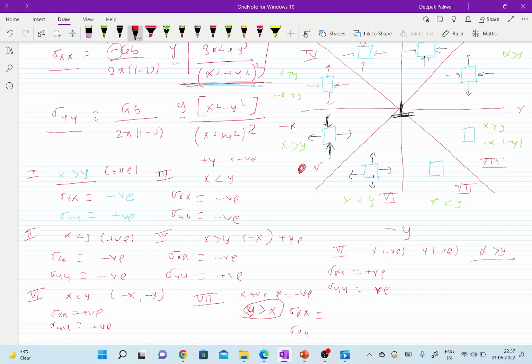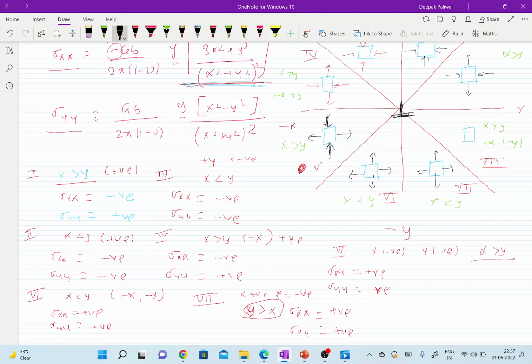So sigma xx is positive, sigma yy is already negative, and y is greater than x, so this term is negative, this is negative, so this term becomes positive only. So again it shows positive on both sides.